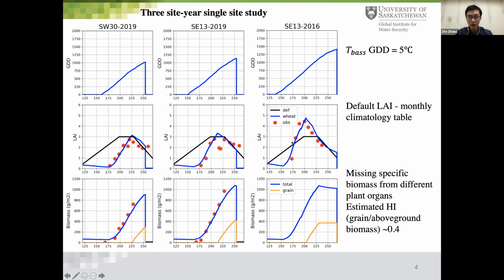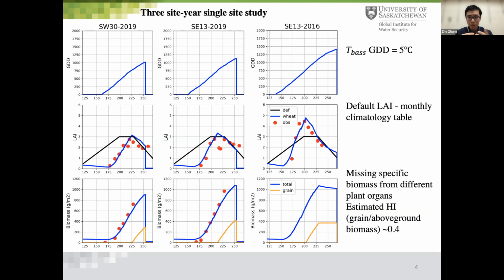The second row, LAI, and the third row, above ground biomass. I want to highlight that the red dots are from the site measurement. The black lines are the default LAI, which was taken from a monthly climatology table, and the blue lines are from calibrated parameters, the new sets of wheat modeling results.